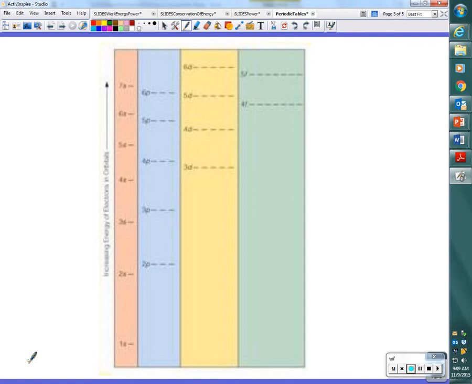Pay attention to which way the orbitals fill. All right, remember on this last one, on bromine, pay attention to which way the orbitals fill, right?